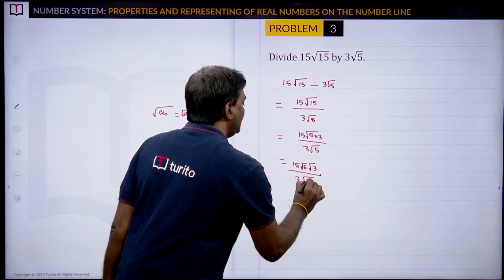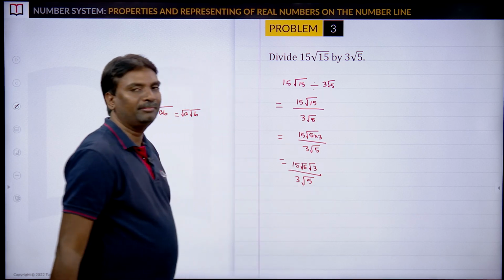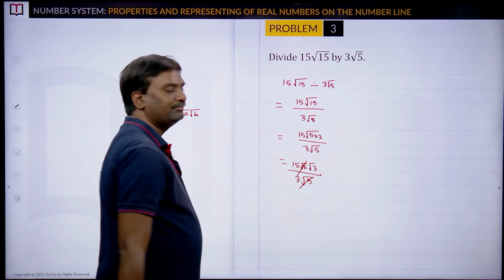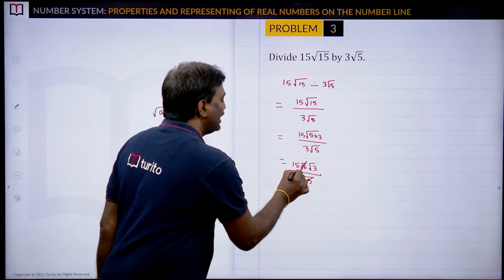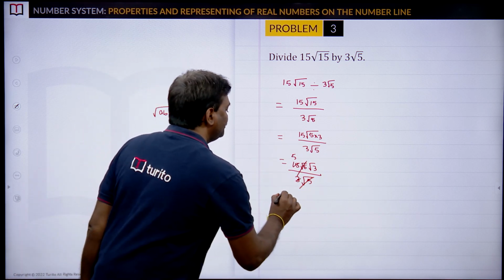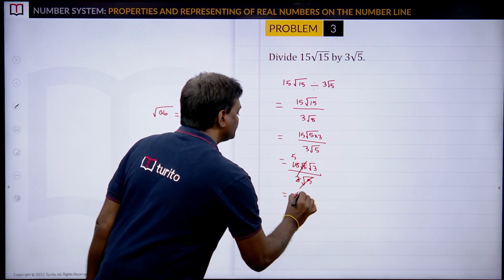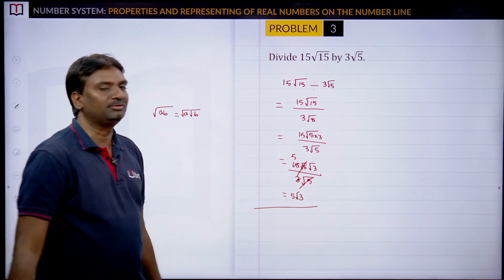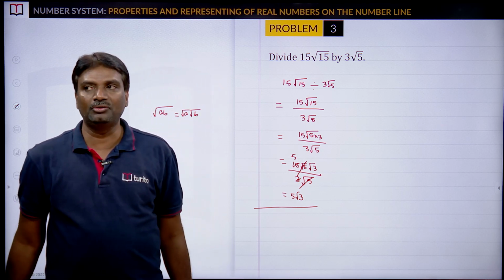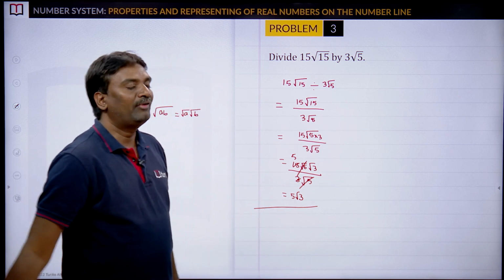Here we can cancel root 5 and root 5, and 15 is cancelled by 3, 5 times. Now, the remaining part is 5 into root 3, 5 root 3. So, by dividing 15 root 15 by 3 root 5, we got 5 root 3.